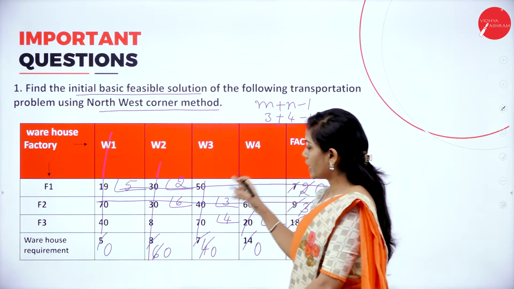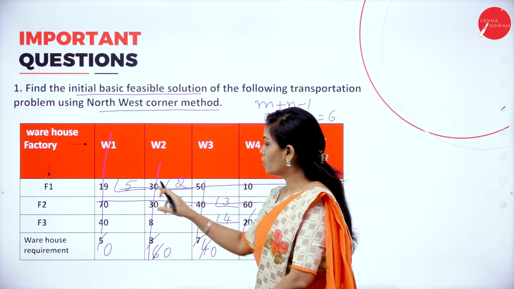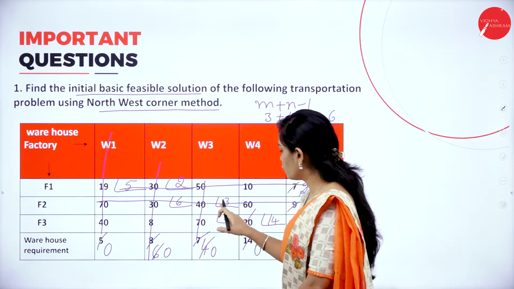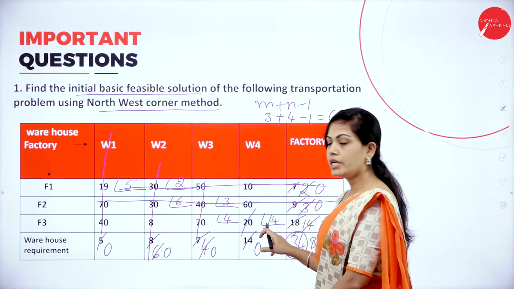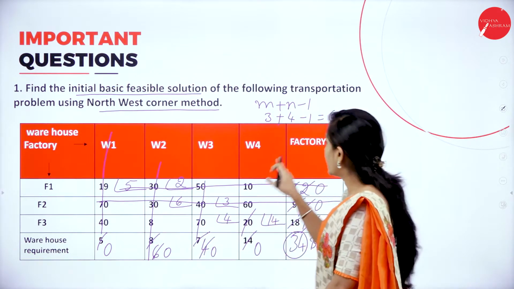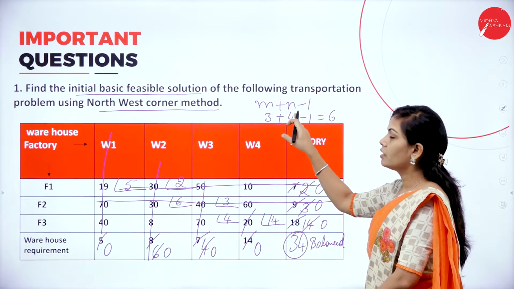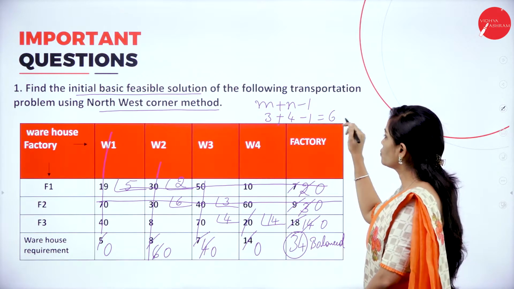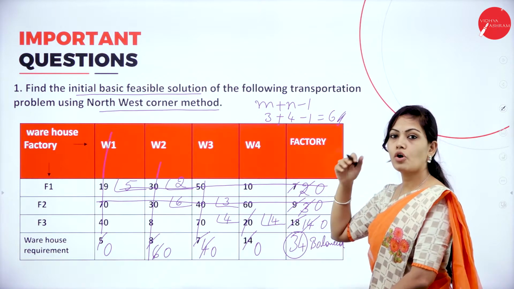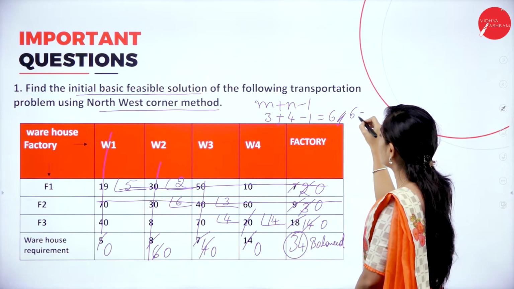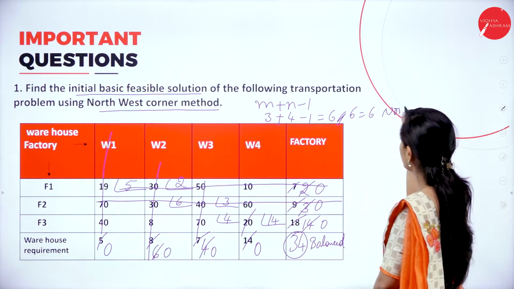You just check the allocated cells. 1, 2, 3, 4, 5, 6. We have 6 allocated cells and we got 6 here. Number of rows plus number of columns minus 1 is equal to 6, and allocated cells also 6. So 6 is equal to 6. It is non-degenerate.